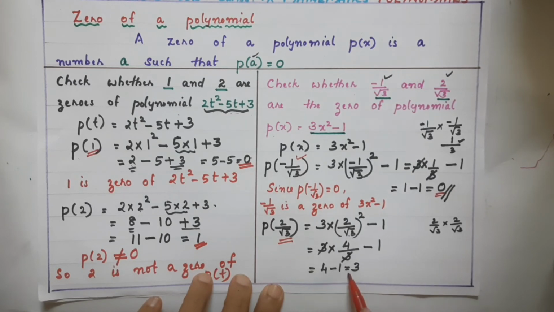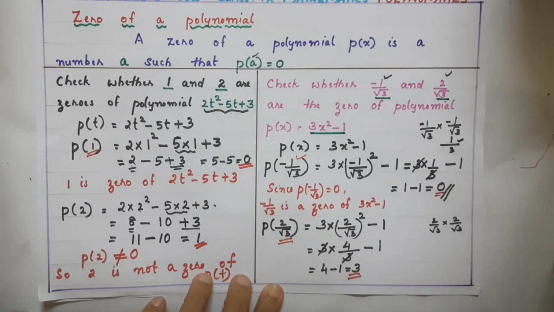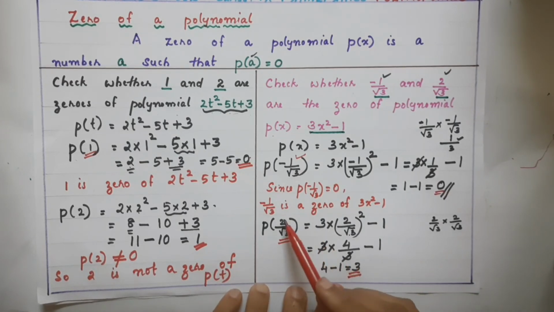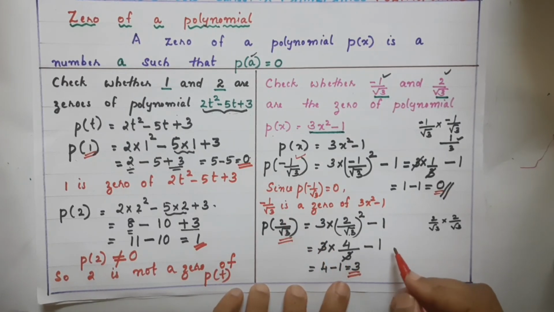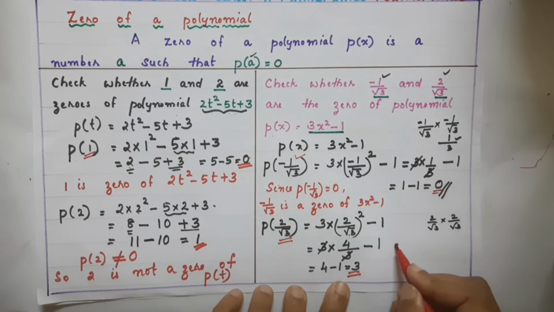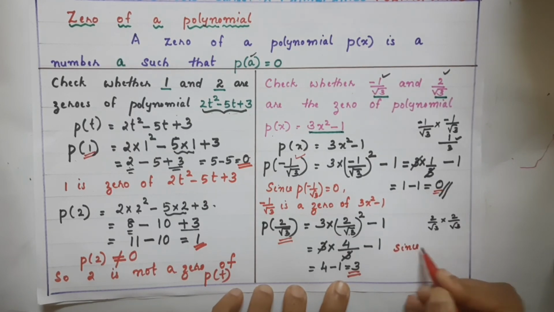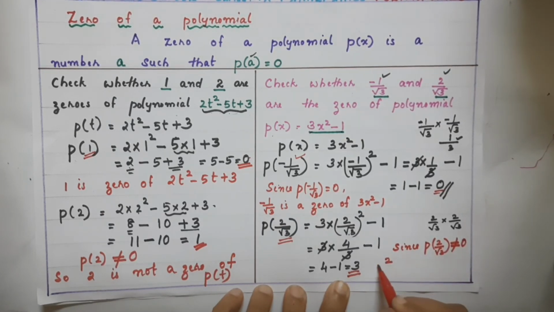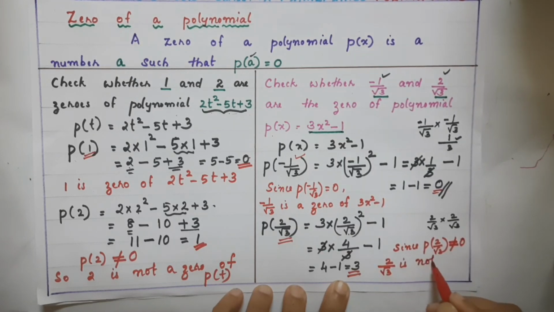The polynomial value is 3. So what you can conclude? It is not a 0. So how will you write the answer? Since P of 2 by root 3 is not equal to 0, 2 by root 3 is not a 0.